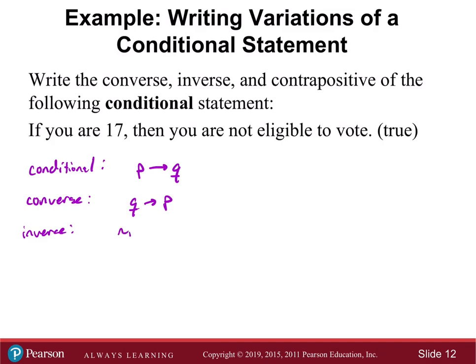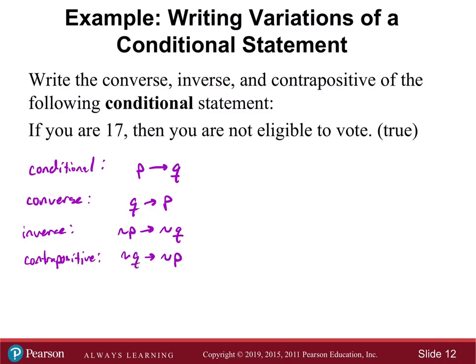That's going to be not P implies not Q. And then lastly is the contrapositive. That's going to be not Q implies not P.